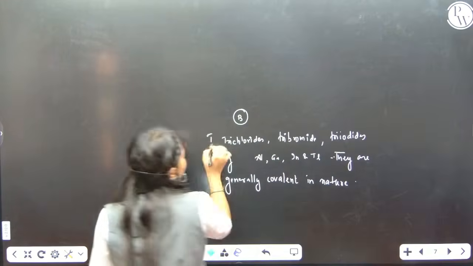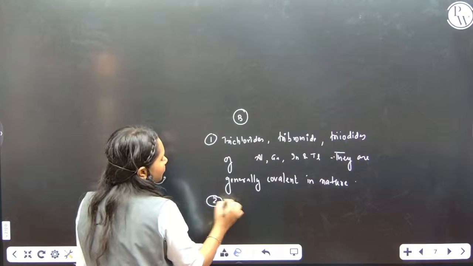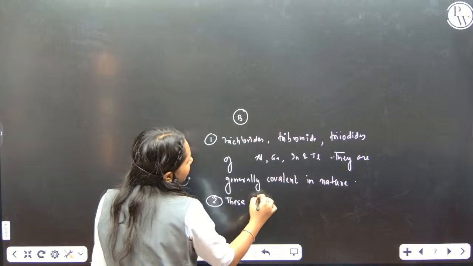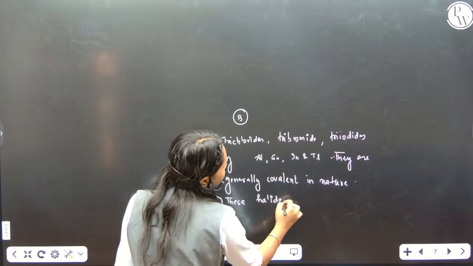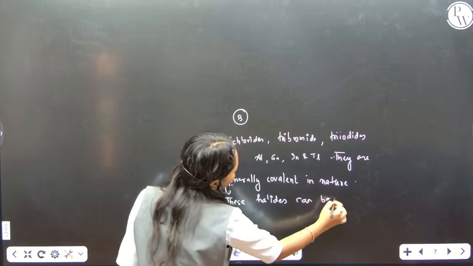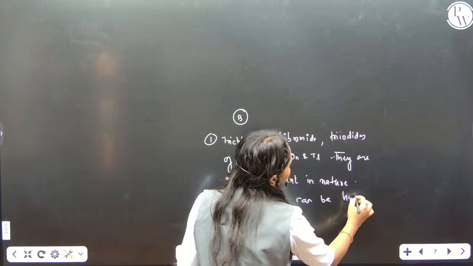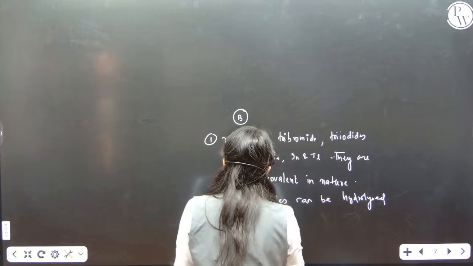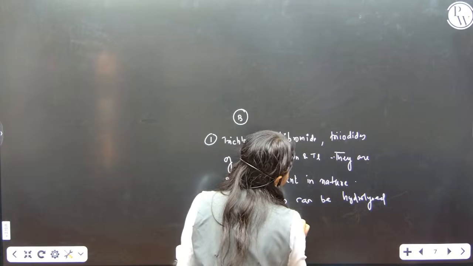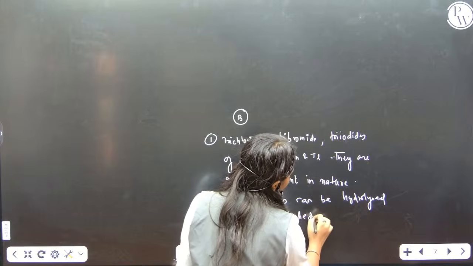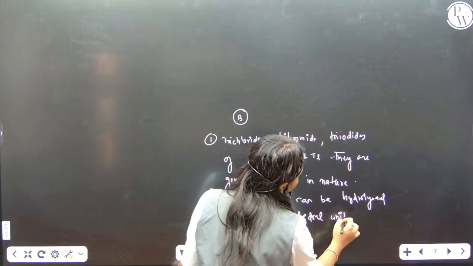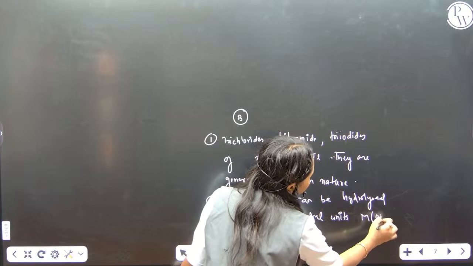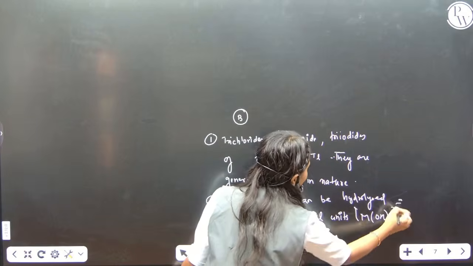And these halides can be hydrolyzed to give tetrahedral units like this.